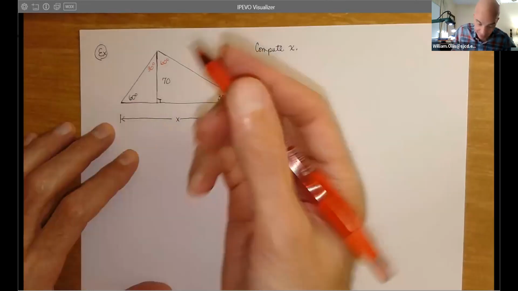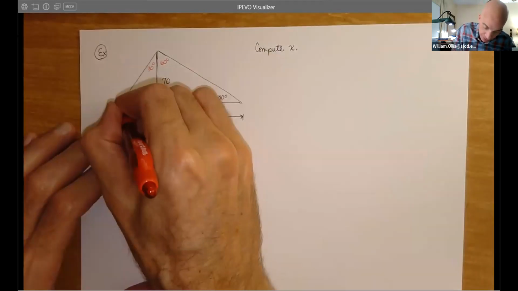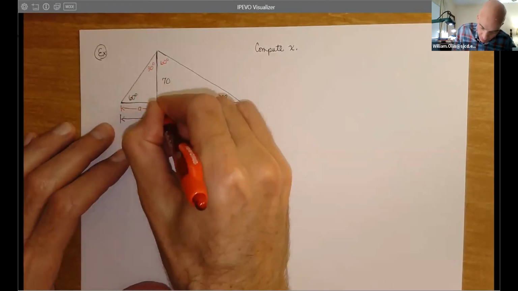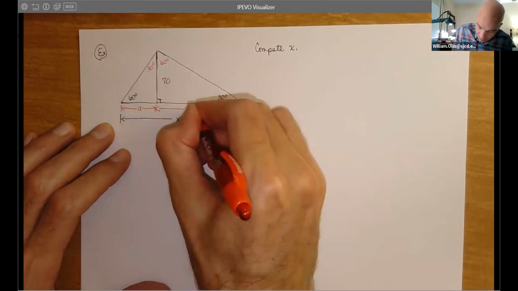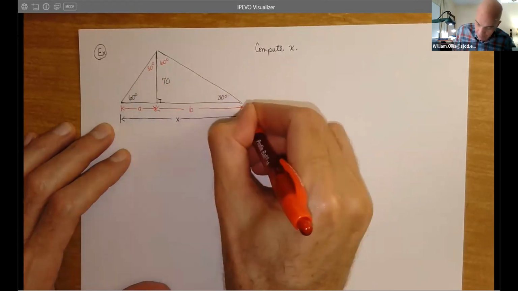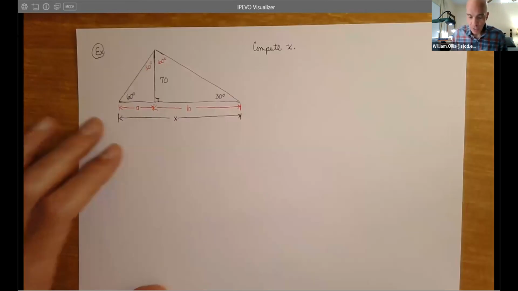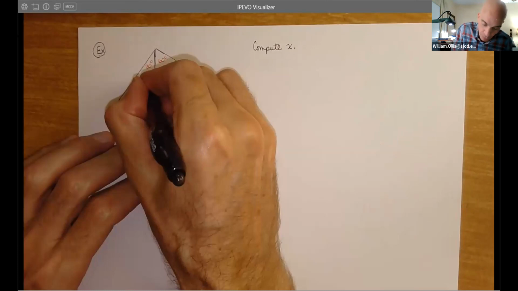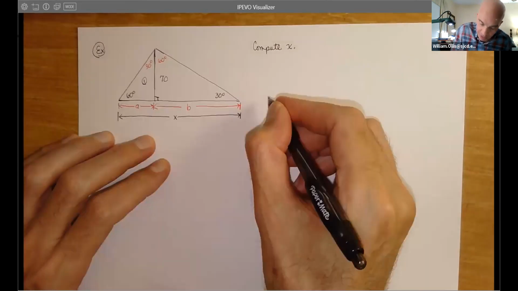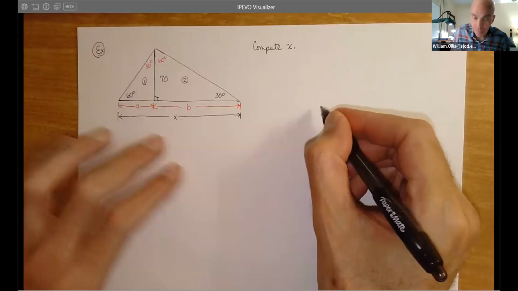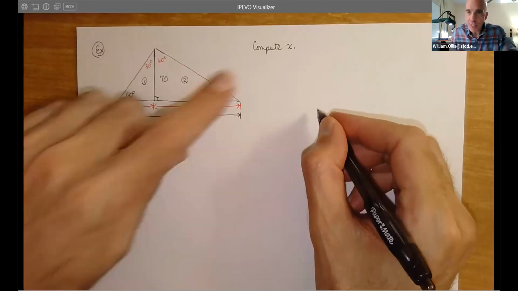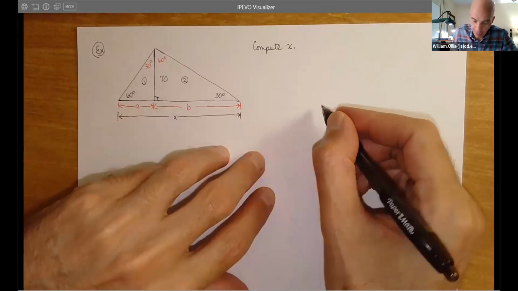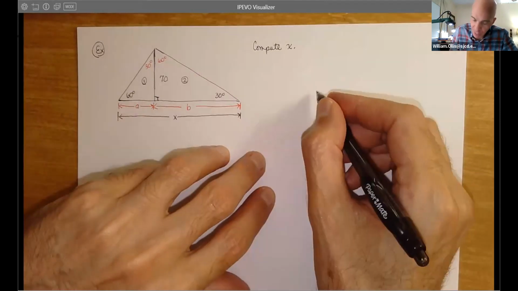So if you like, I can just label this with an A and a B. So we'll have this length to be A and this length to be B. So again, x is just the sum of A and B. So now we can think of this as a right triangle, and then the second right triangle. And then of course the bigger one is the third right triangle, but I'm really not going to focus so much on that. I'm just going to make this problem as simple as possible.